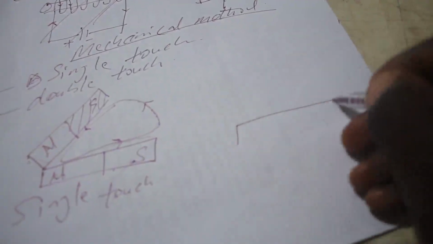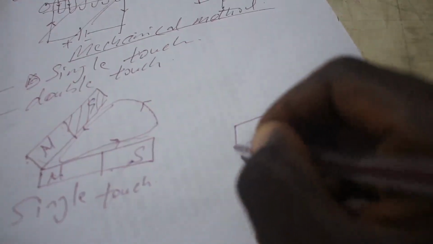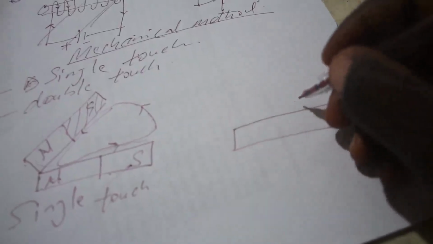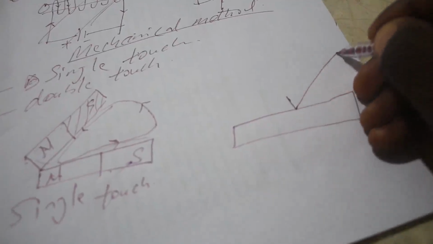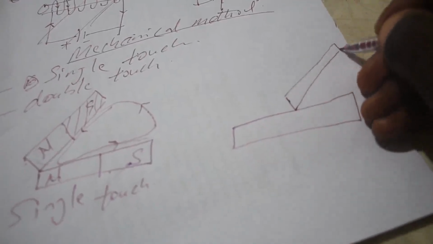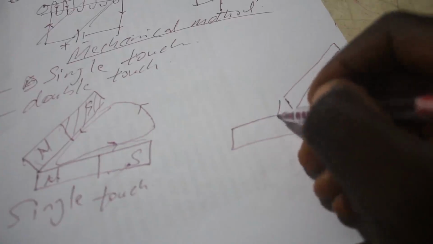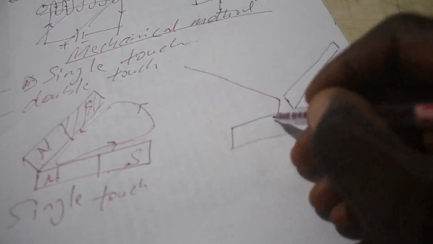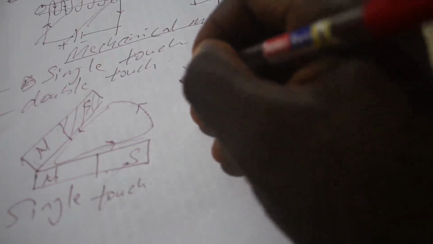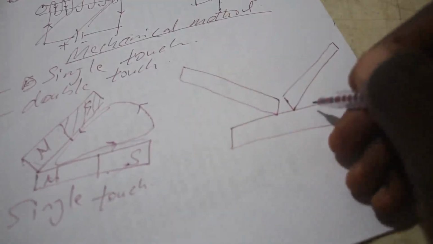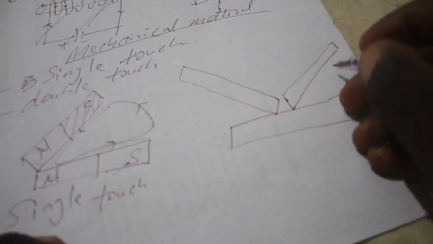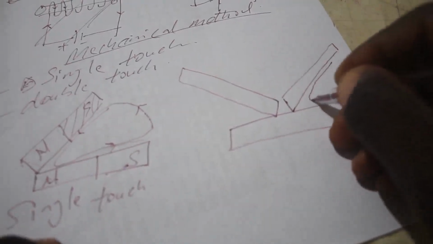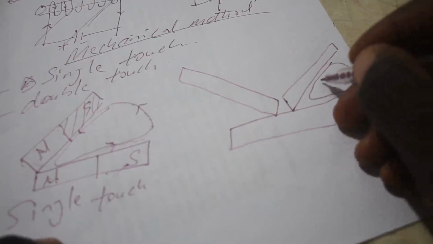Now what about a double touch? We have a specimen here to be made into a magnet, and then we have two magnets of known polarities. They are used to stroke this specimen from the center to the other side, and of course in this pattern as shown by this arrow.